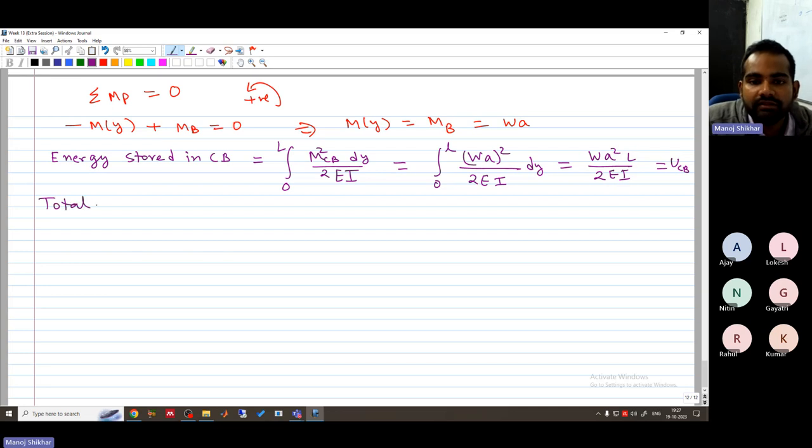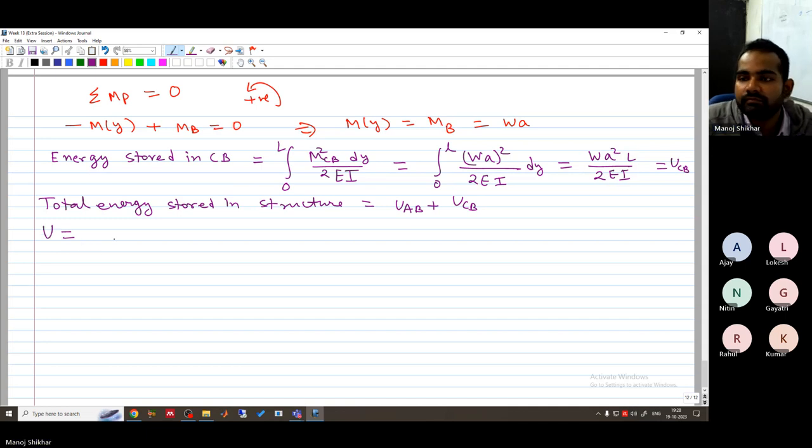Total energy stored in the structure equals UAB plus UCB. So that is WA cube upon 6EI plus WA square L upon 2EI.